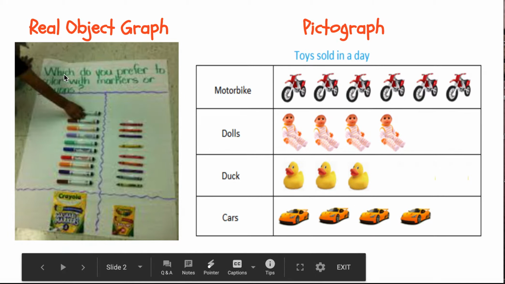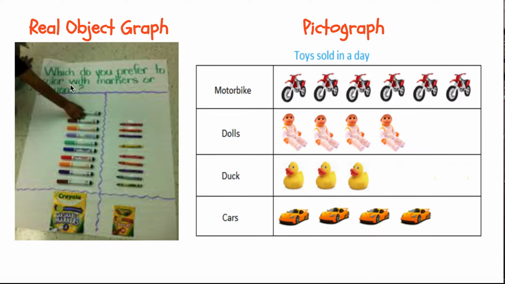They've asked the question, which do you prefer to color with, markers or crayons? And so the child lays out the answers by asking all their friends what they prefer to color with. So this side represents all the friends that like to color with markers, and this side represents all the other friends that like to color with crayons.